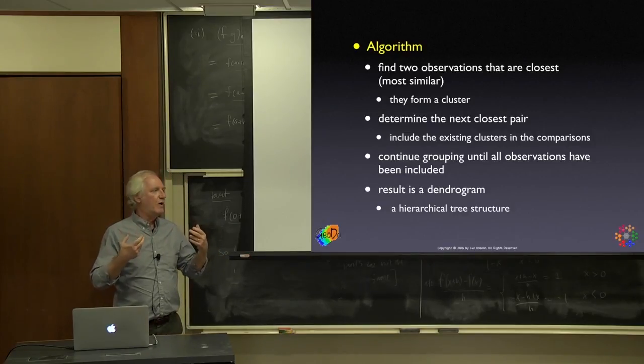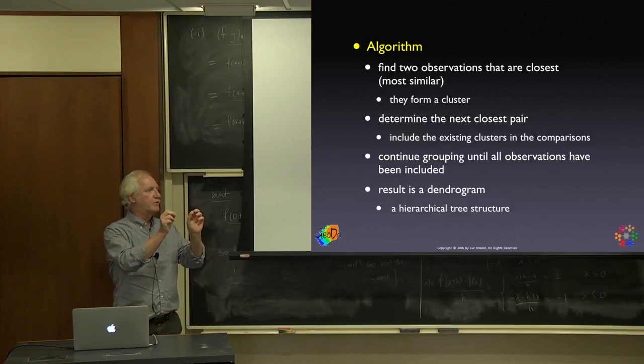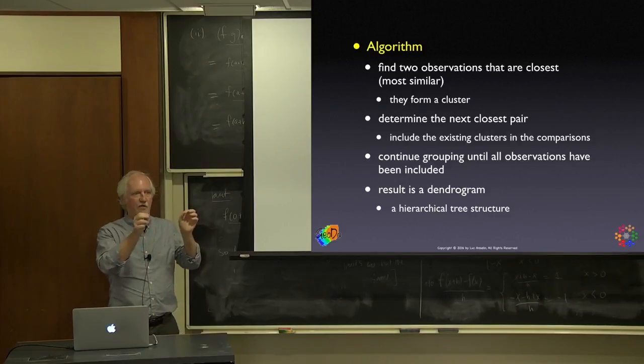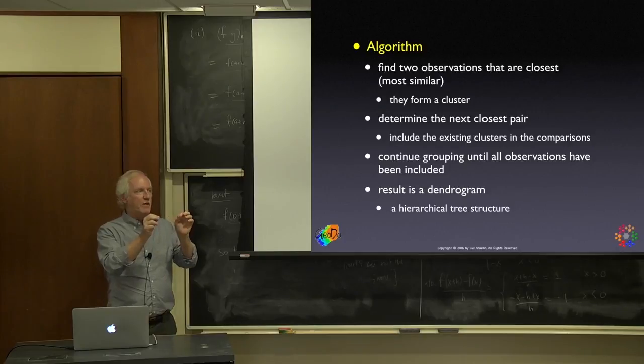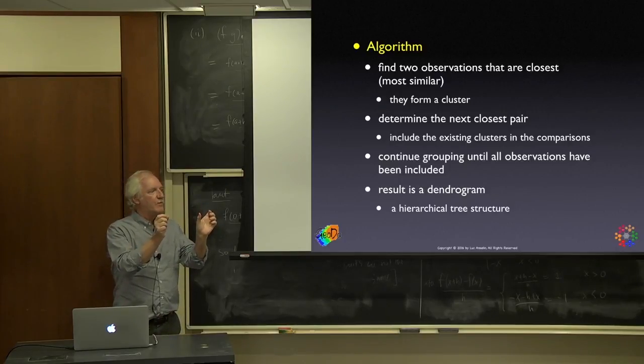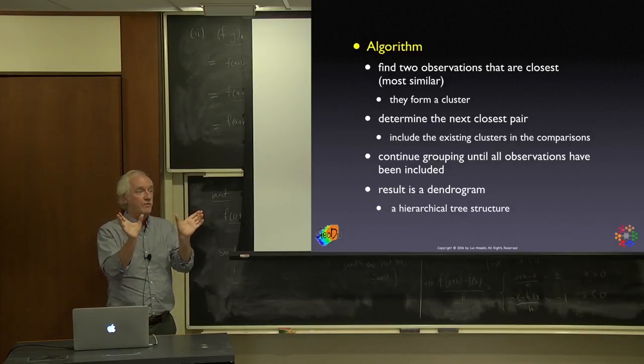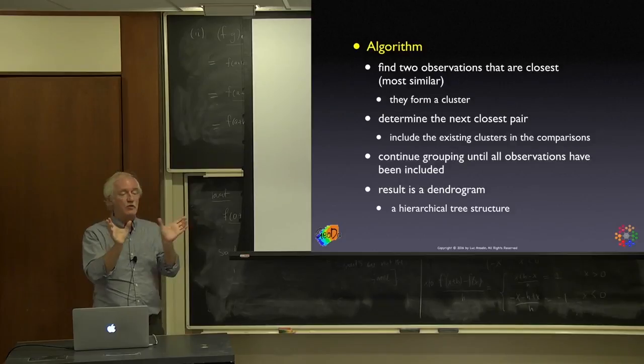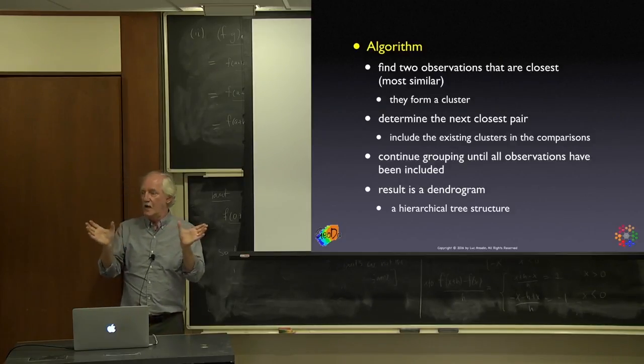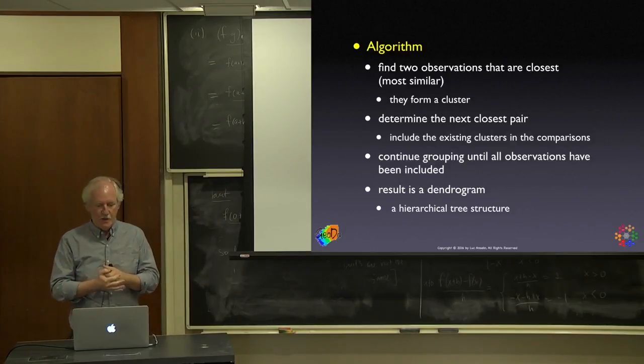That's simple when you have two singletons, so two observations. It's square difference or whatever you take, right? But once you start grouping them, how do you measure the similarity between a group and a singleton, or between two groups? That's where it gets complicated, because you can do that in many different ways, as I'll show you in a few minutes.